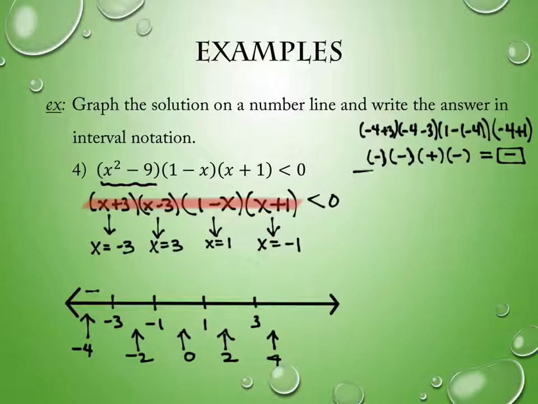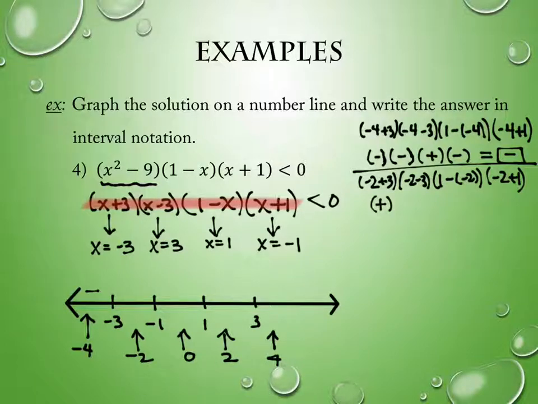We'll test -2 next. -2 plus 3. -2 minus 3. 1 minus -2. And -2 plus 1. First one's positive. Negative.